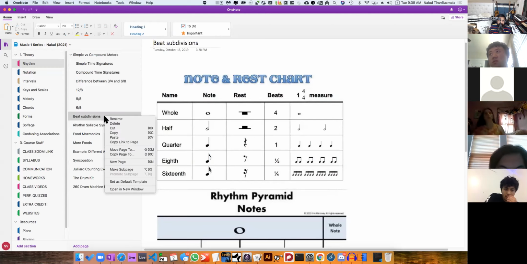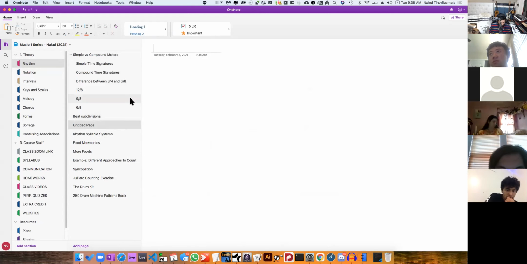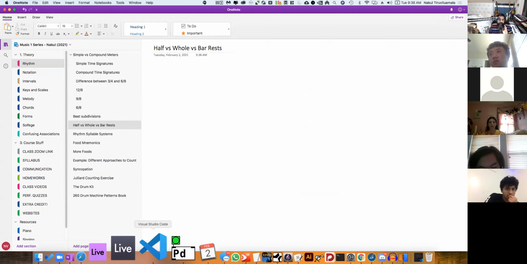In fact, I'll make a little slide on this. New page. Half versus whole versus bar rests, okay? Actually, there's 3 distinctions here, okay?